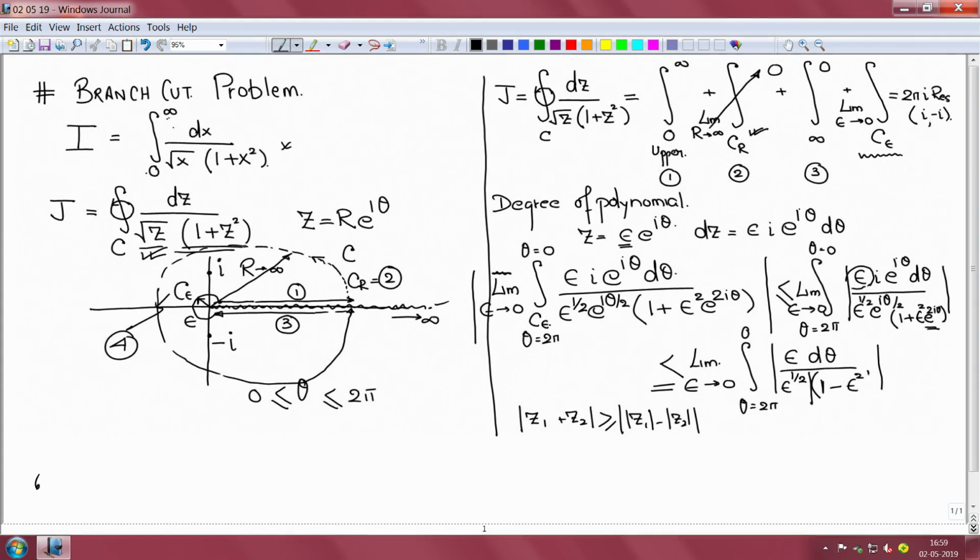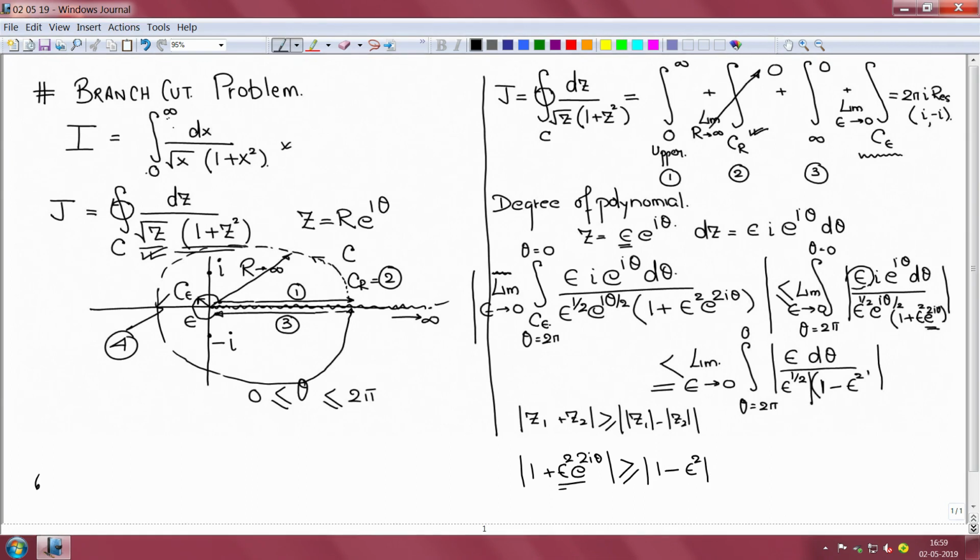What I am saying is that the magnitude of 1 plus epsilon square e to the power twice I theta is greater than or equal to the magnitude of 1, which is 1, minus the magnitude of this, which is epsilon square.